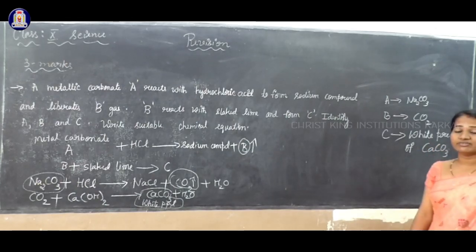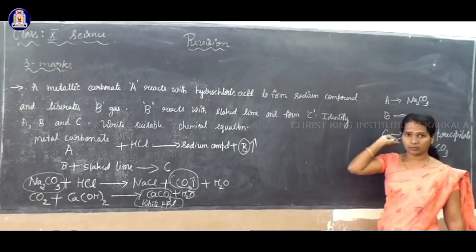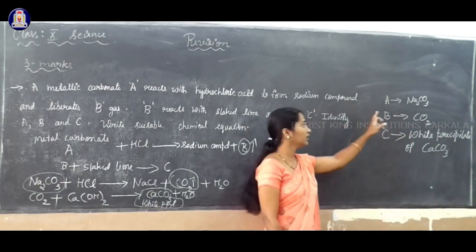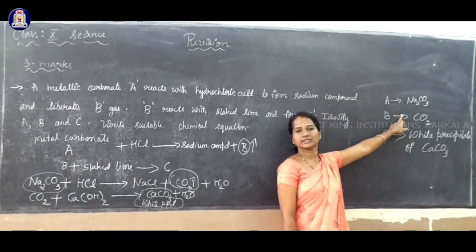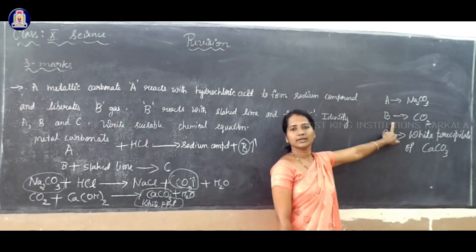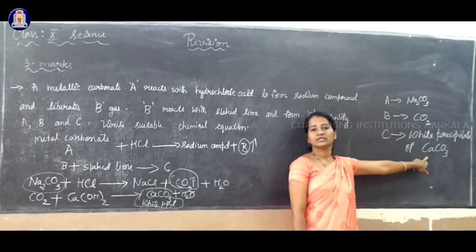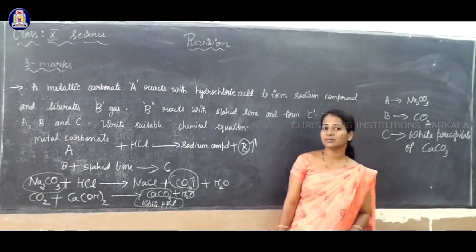So identify A, B, C. A is sodium carbonate, just write down the formula Na2CO3. B is CO2, carbon dioxide gas. And C is the white precipitate of CaCO3, calcium carbonate.